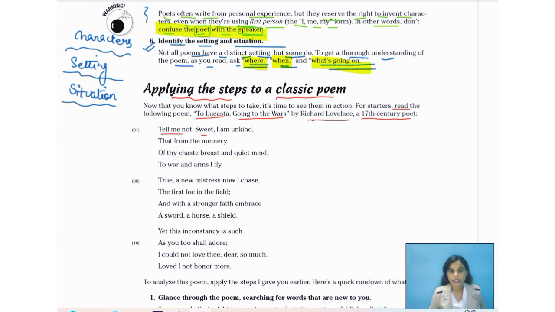Tell me not, sweet, I'm unkind, that from the nunnery of thy chaste breast and quiet mind to war and arms I fly. True, a new mistress now I chase, the first foe in the field, and with a stronger faith embrace a sword, a horse, a shield.